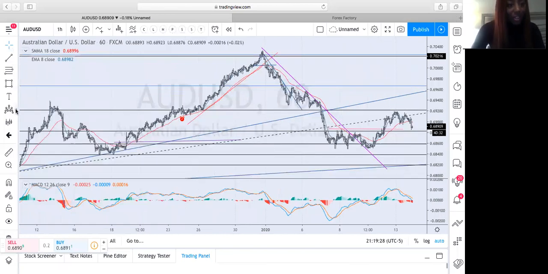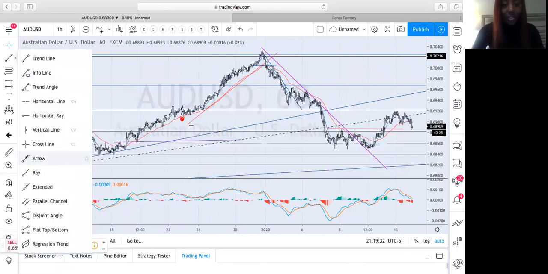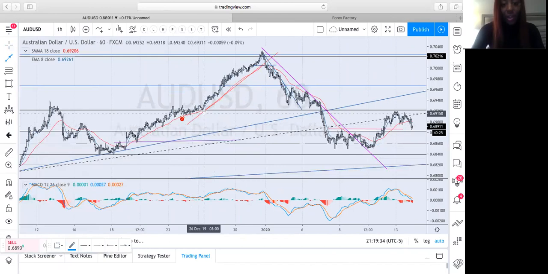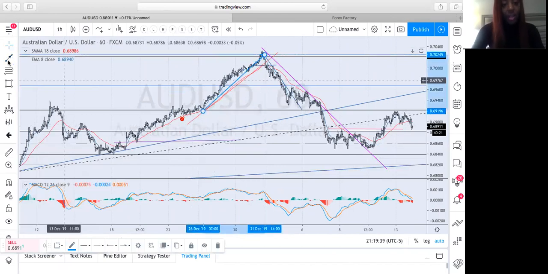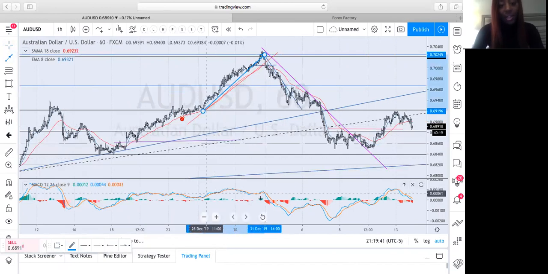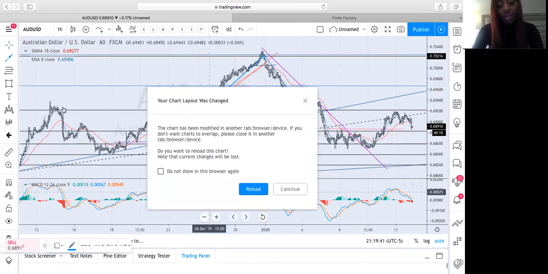We have here to here, and then we have here to here, and then we have that breakout. That's exactly what I see on the pair we just did. I don't know why this keeps coming up because I'm not changing my chart.